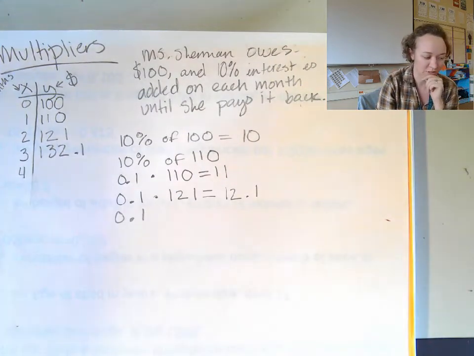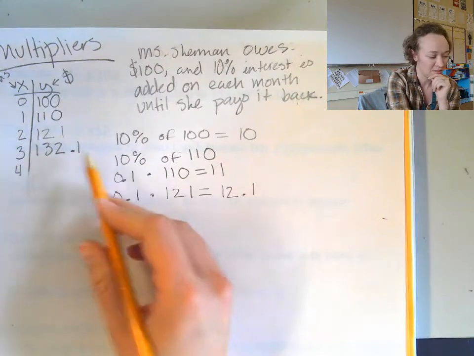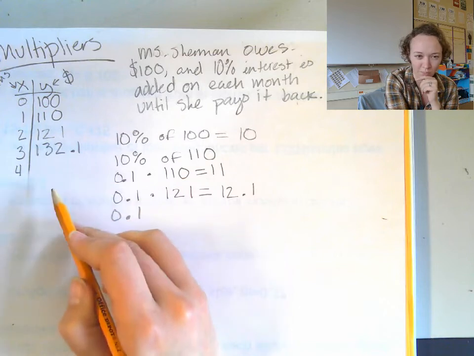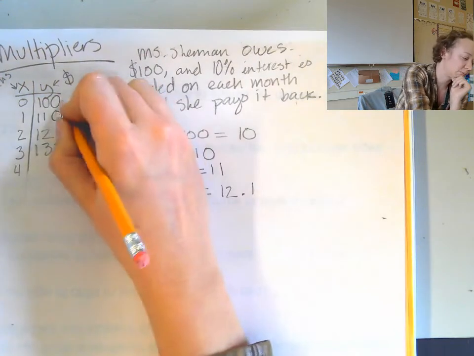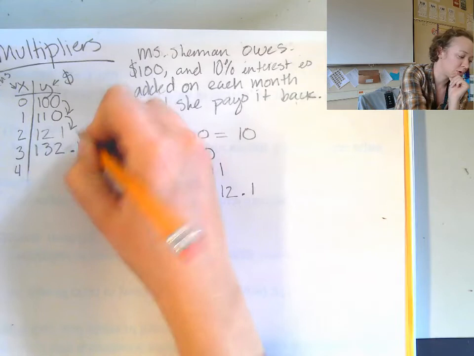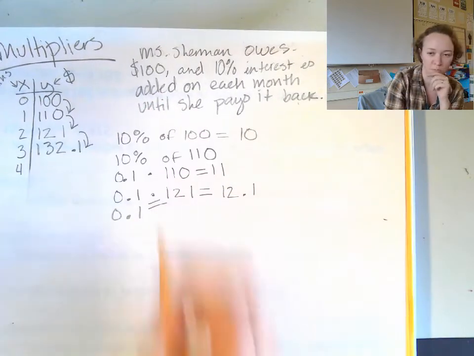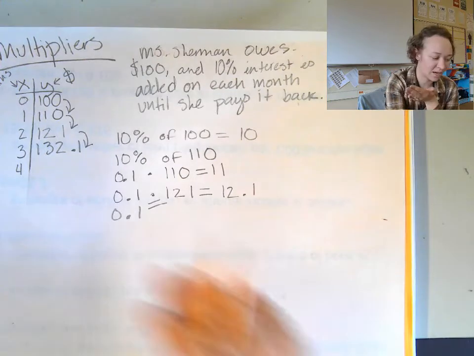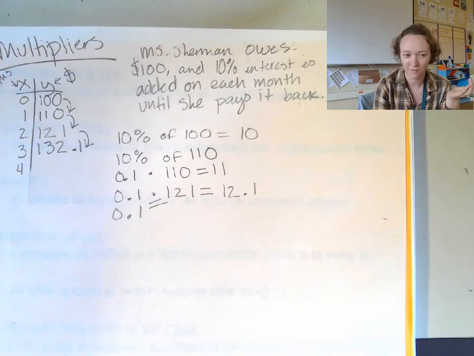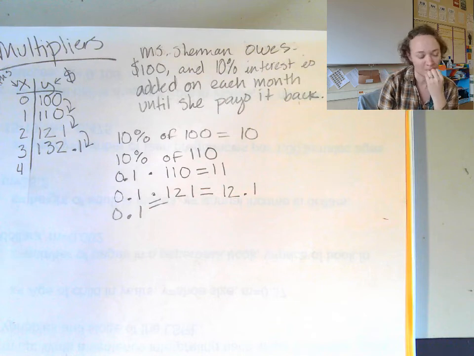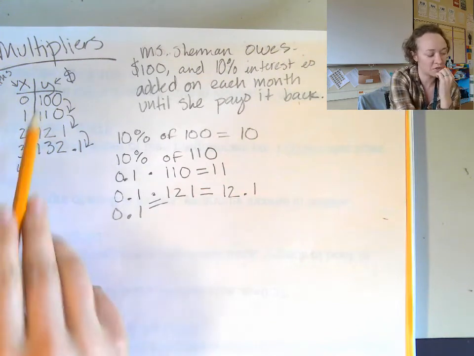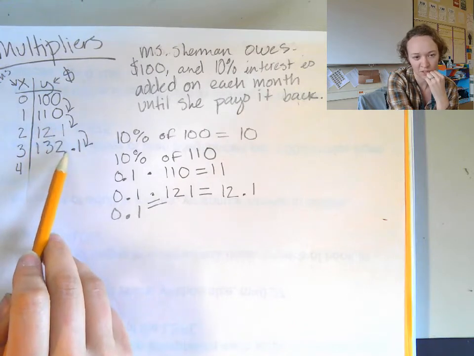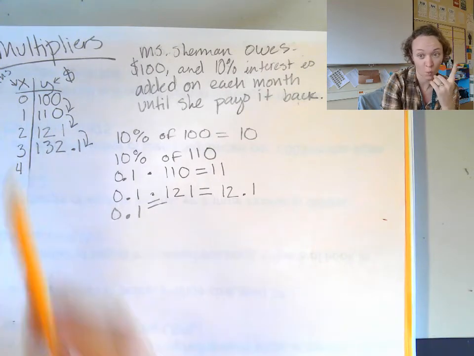Now, my question is, this is an exponential relationship, because each time I'm growing by multiplying. But I'm also doing this adding thing that's making it so that I have to write my work out each time. And I think there's an easier way. So I want you to pause and I want you to try and figure out what's one number that I can multiply by each time that would give me the next answer. One number.